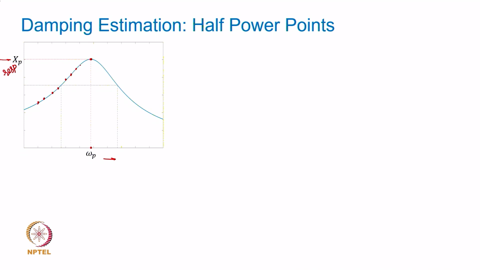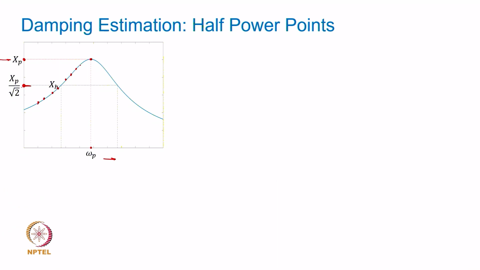Similarly, half power points mean the amplitude should drop to a level which is 1 by square root of 2 times the peak amplitude, is it not? So this point which I locate would be by locating the amplitude which is 1 by square root of 2 times the xp value. This particular point is xp over square root of 2, and that point is called xh, the half power point.